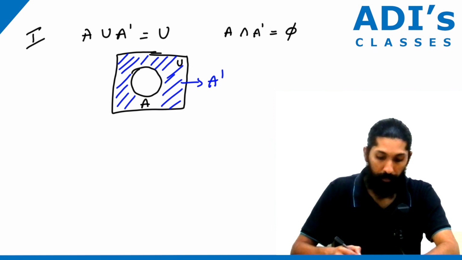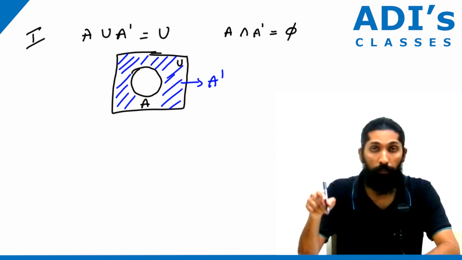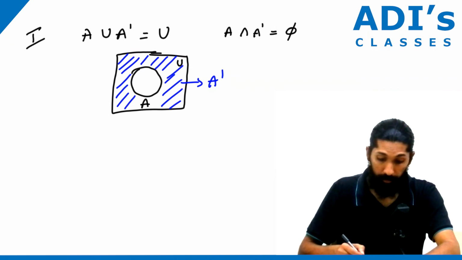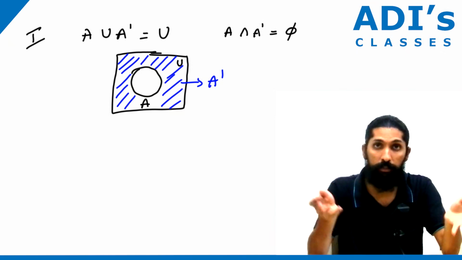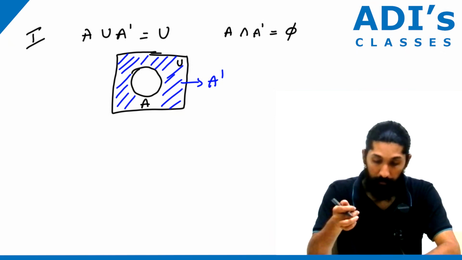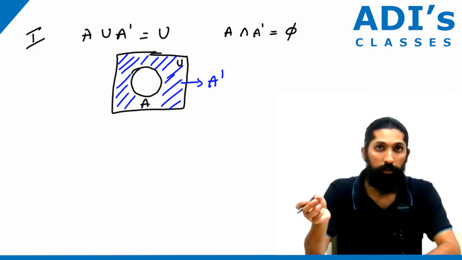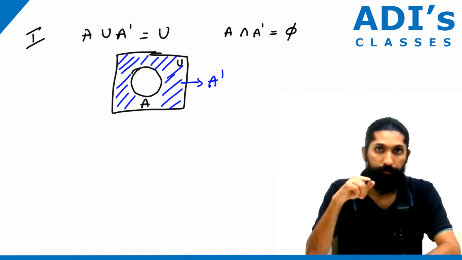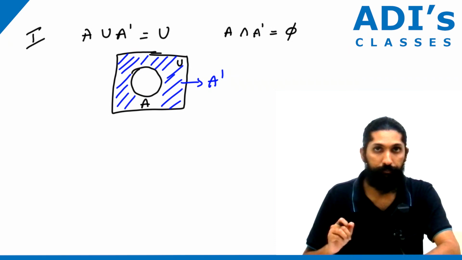Since this is A complement, the union of A and A complement is obviously going to give you the universal set, because A union A complement is the entire thing, which is the universal set. And for the intersection, there is nothing common between A and A complement. Hence, we get a null set or an empty set. Correct? This is the first property of the complement of a set.